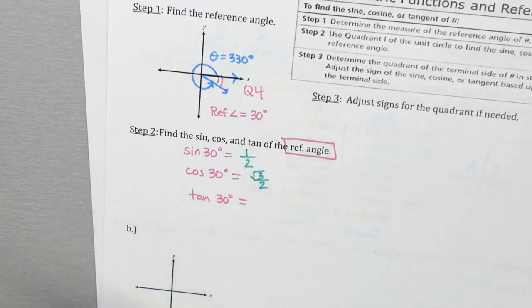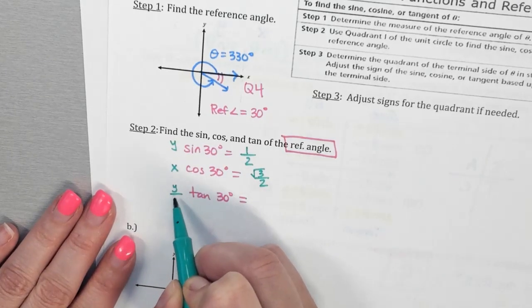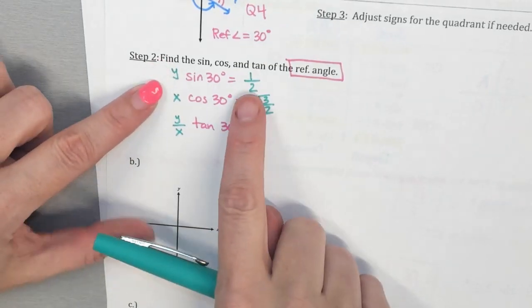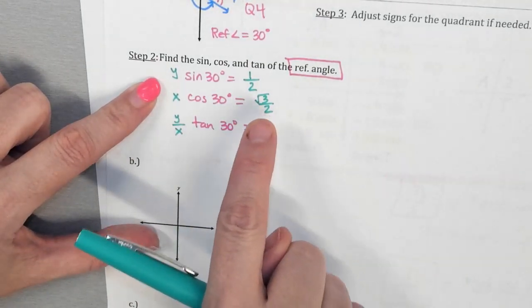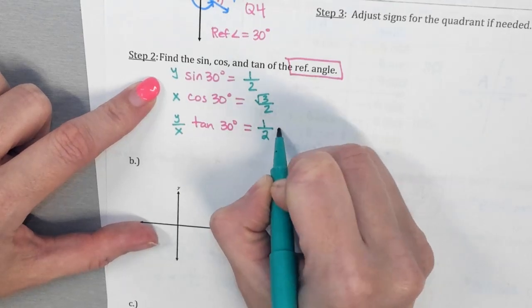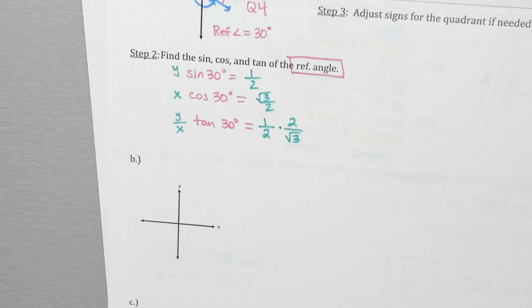Okay, and then, so this is your y, this is your x, and your tangent is y divided by x. So whenever you're doing your tangent, you can just do 1/2 divided by √3/2. If you want to just start and do 1/2 multiplied by the reciprocal, you can do that. Like you don't have to write out the division and then the multiplication. Okay, so go ahead and simplify that.